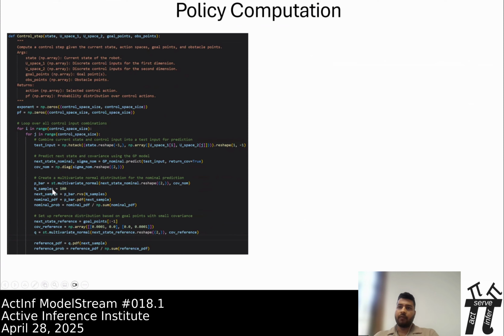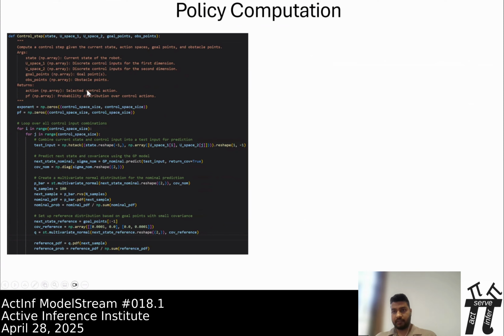For this computation, first we initialize the exponent inside the exponential according to the control space, and we also initialize the policy distribution according to the control space size. And now we compute using for loops for each possible combination of actions.